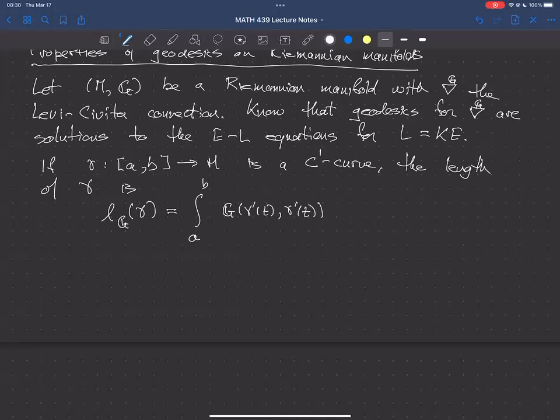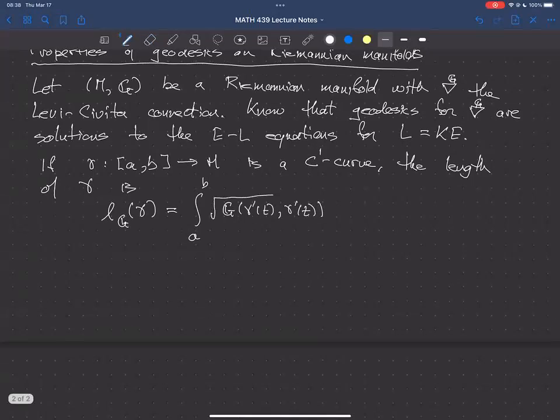Now if we were to just take this and put a half out front, the half doesn't change anything. The half just makes it so that it's the kinetic energy and not 2 times the kinetic energy. But we're not going to do that. Instead, we're going to take the square root of that.